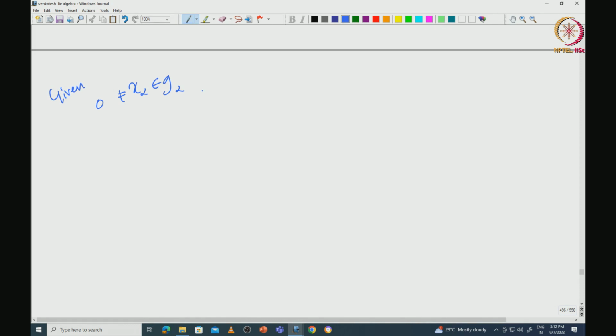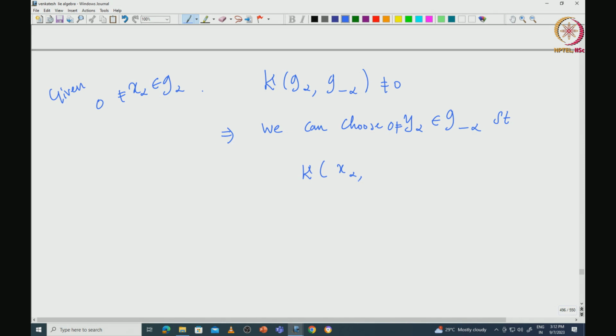Now, since kappa of g alpha comma g minus alpha is non-zero, that implies that we can choose y alpha, which is again a non-zero element inside g minus alpha, such that kappa of x alpha comma y alpha is exactly equal to 2 divided by kappa of T alpha comma T alpha.